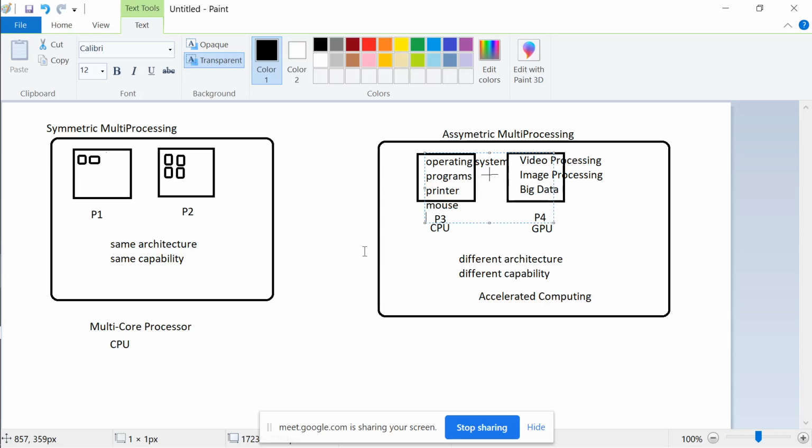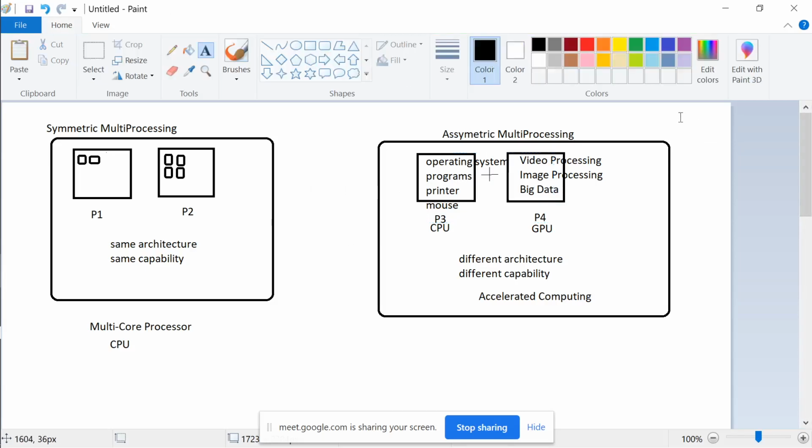There are so many things that a CPU does. It is like, let's say in the house, a mother. A mother is doing cooking, washing, doing everything, sending your child to school, right? So CPU is something like this.